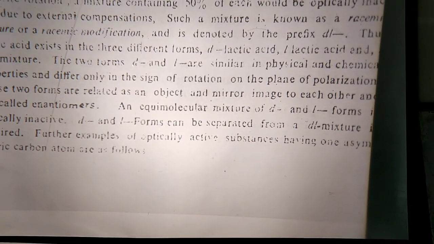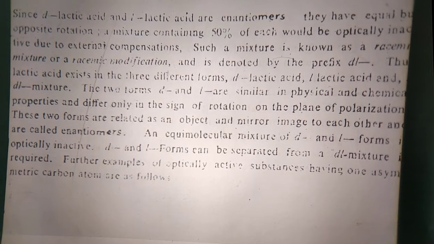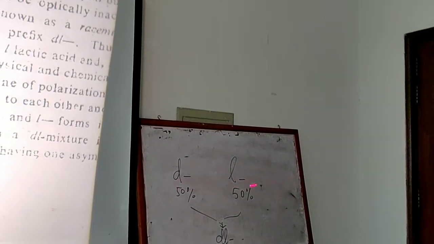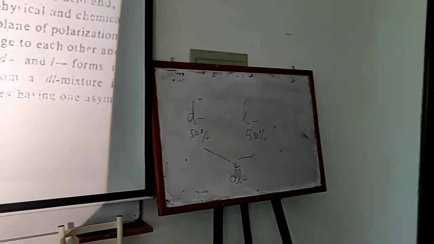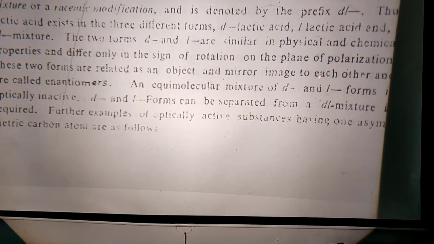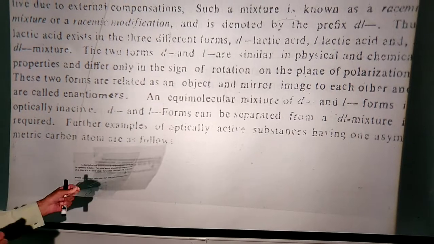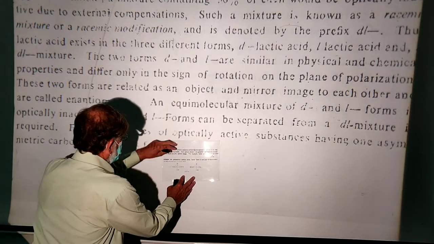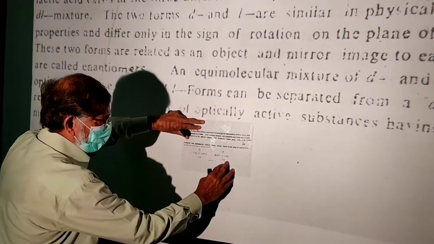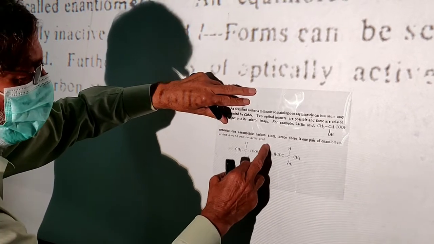The two forms D and L are similar in physical and chemical properties, and related as object and mirror image to each other, as I already mentioned, because you have placed the mirror in between.